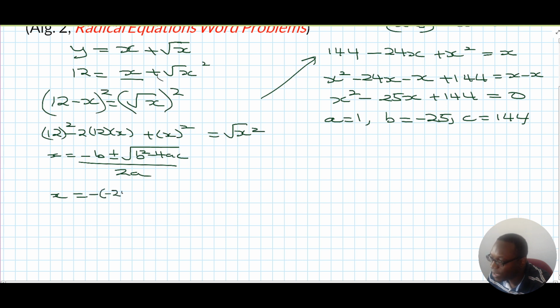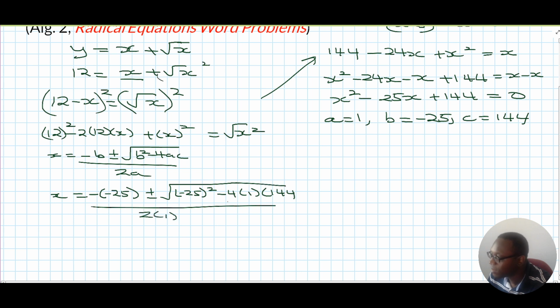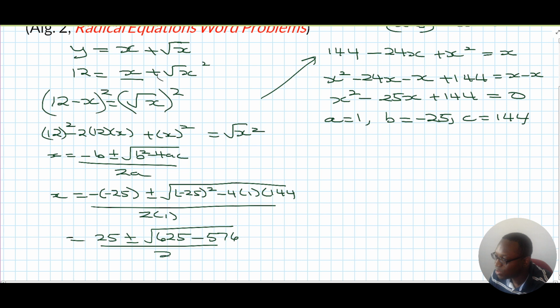So this is going to give us negative of negative 25, plus or minus the square root of negative 25 squared minus 4 times 1 times 144, divided by 2a, 2 multiplied by 1. So this is going to give us 25 plus or minus, negative 25 squared is 625, and 4 multiplied by 144 is 576, and we divide this by 2.